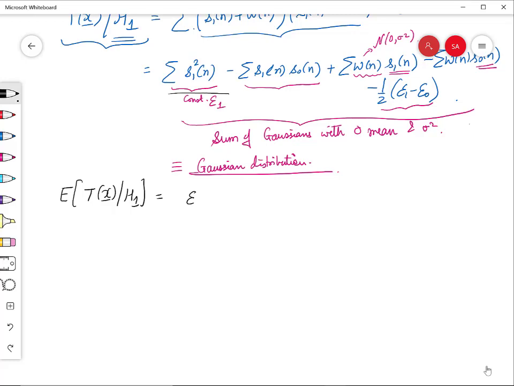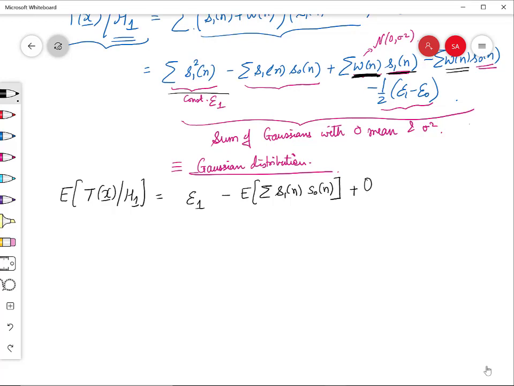So this is E of E1 minus, this is going to be the expectation of summation S1n and S0 of n plus, see here Wn is a noise with the mean 0, and S1n is a constant, so the expectation of this is going to be 0.